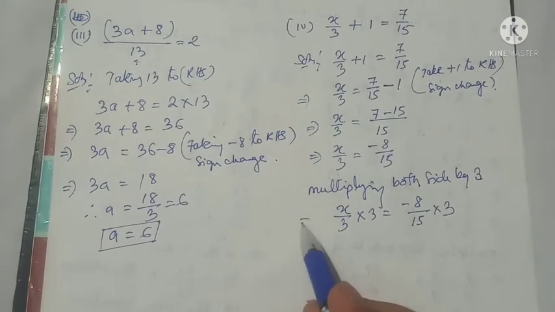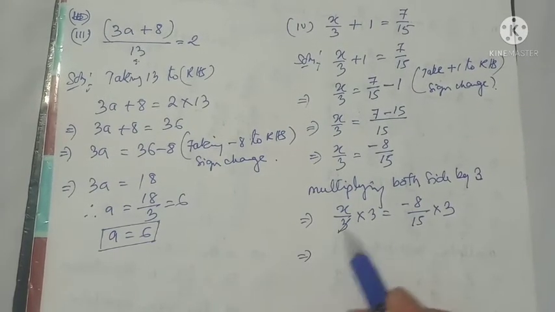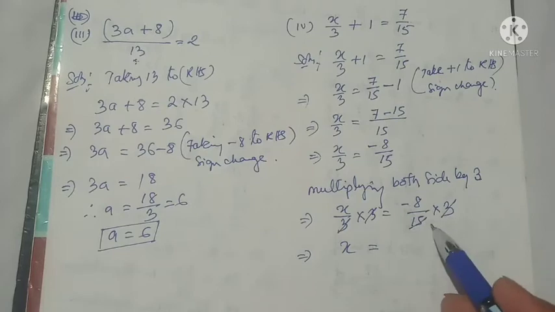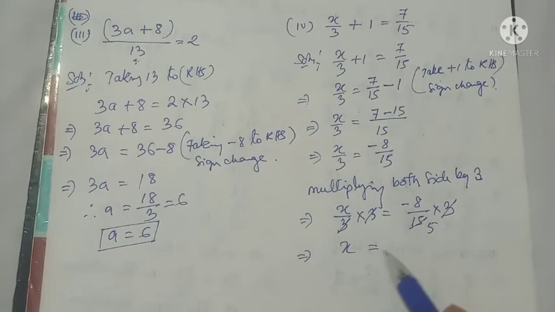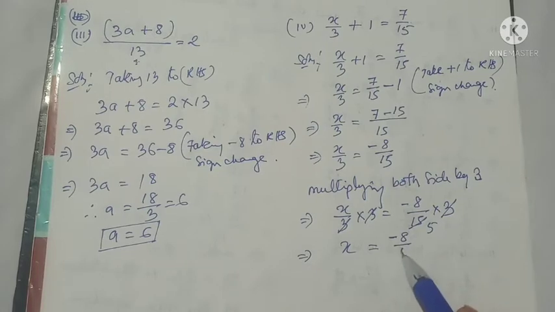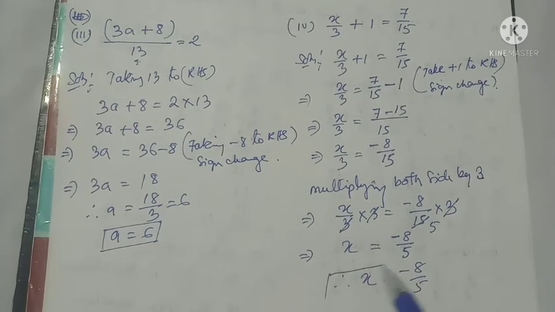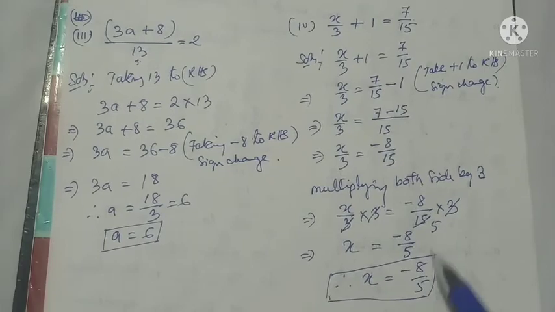Here you can eliminate 3, 3. Now the answer is x. Then 3 into 15 is 5, minus 8 by 5 will be the value of x. Therefore x equal to minus 8 by 5. Minus 8 by 5 will be the value of this equation.